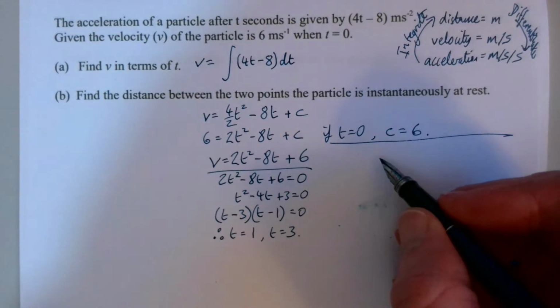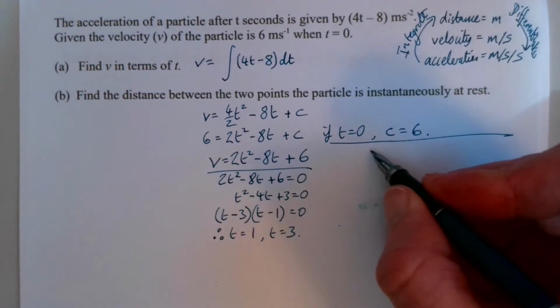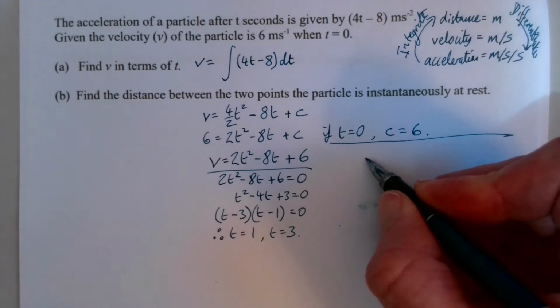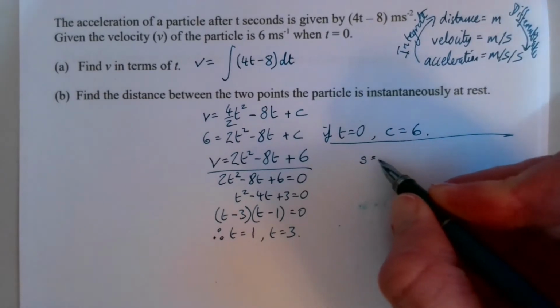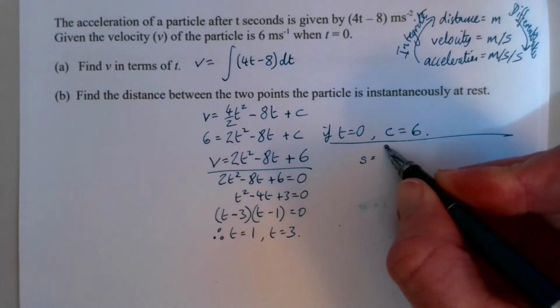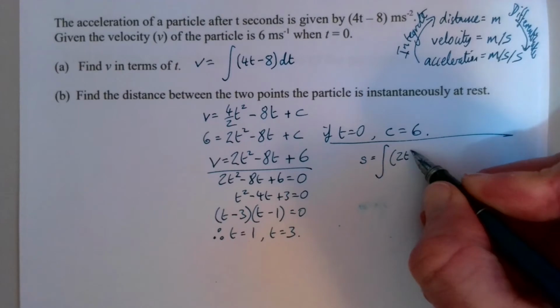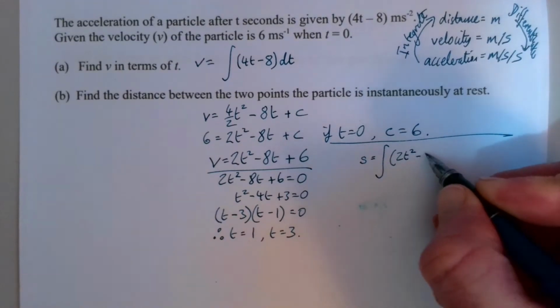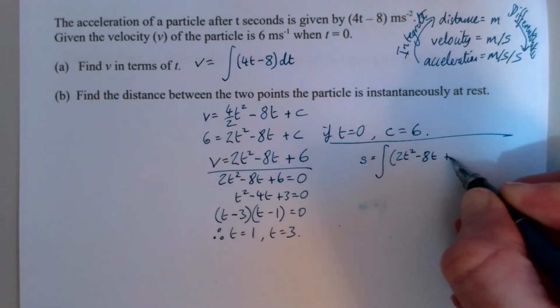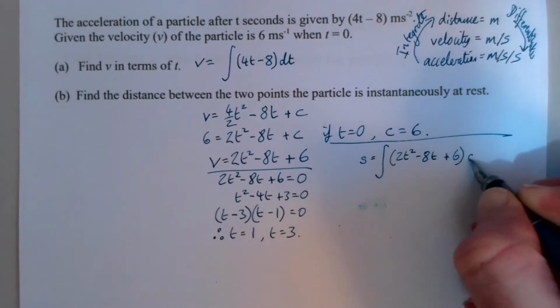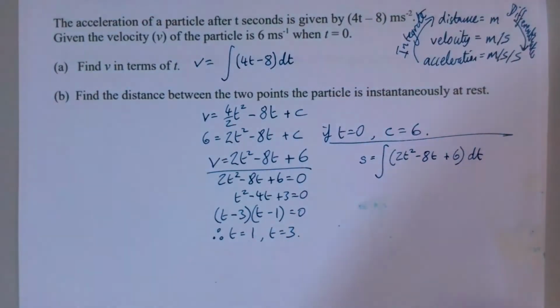So what have we got? We've got velocity. So I'm going to say the distance, which is normally called s, is going to be equal to the integral of our velocity, 2t squared take 8t plus 6, with respect to t.